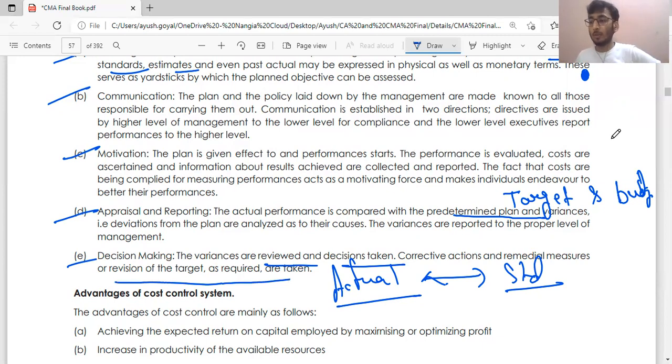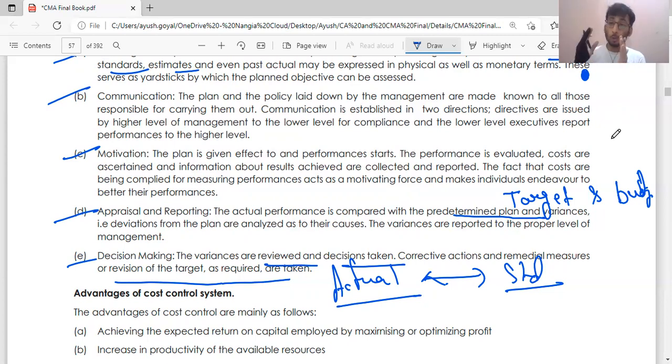Suppose at the end of the period we saw that there is a huge variance between target and actual. The target was to complete a particular project in 1 lakh rupees, and we are getting a cost of 1,50,000. So we need to see whether we need to increase the target, or whether we should change our procedure of the project, our operational things, so that the cost can be reduced.